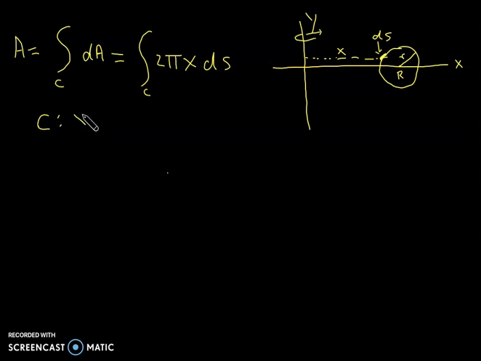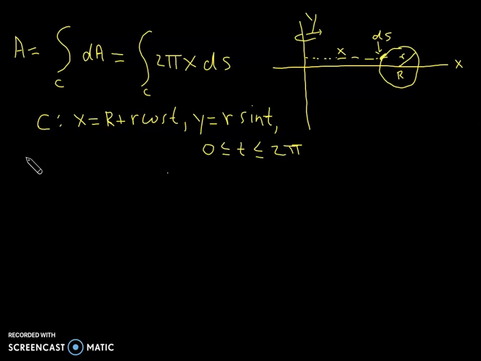The equation for x will be x equals big R plus little r times the cosine of t, and y will be equal to little r times the sine of t. And of course we'll go one time around the circle as t goes from 0 to 2 pi. So 0 is less than or equal to t, and t is less than or equal to 2 pi.